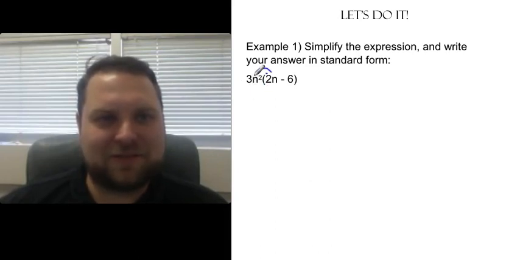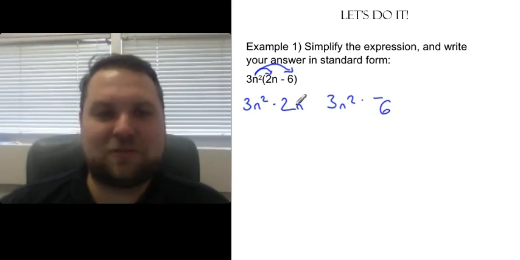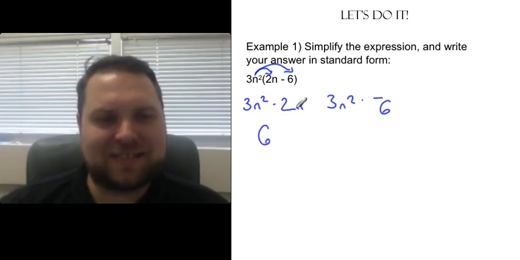So I'm going to distribute this and do 3n squared times 2n, and then I'm going to do 3n squared times negative 6. And now this is just a monomial times a monomial. We know how to do this. 3 times 2 is 6. n squared times n, well, I add the exponents. 2 plus 1 is going to be n cubed.